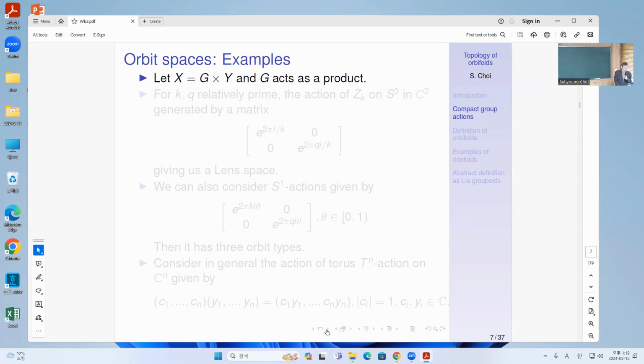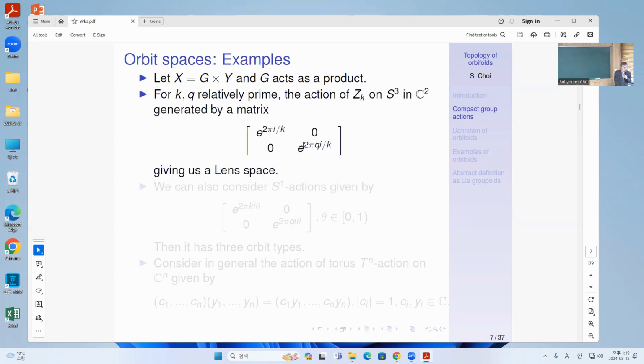As an example, let's take G times Y, where the action of G on Y is trivial and you just act on the left side. That's probably a very trivial example. Most examples will be quotients of G times Y, at least locally in many good cases, but we're not going to prove that.